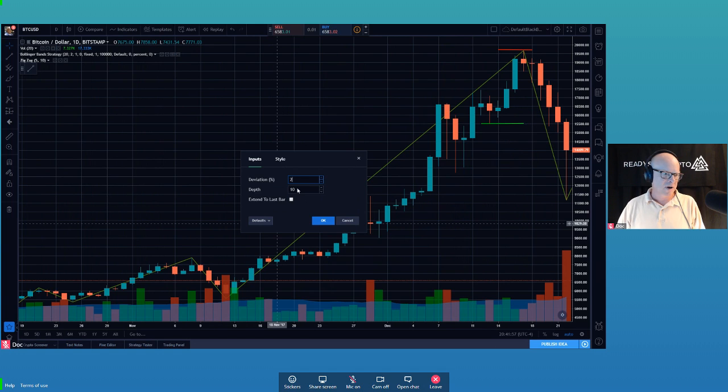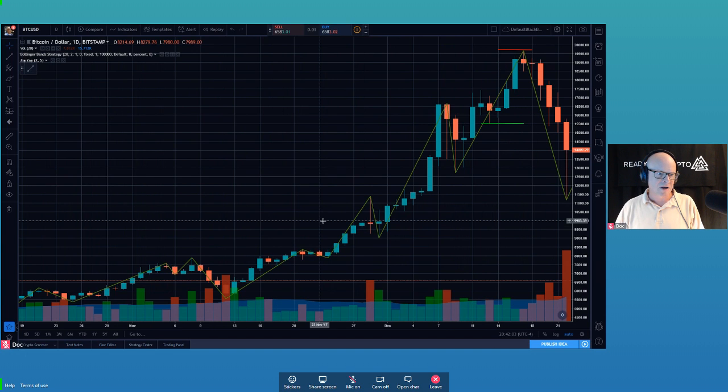Let's try bringing this in half here. Notice how the zigzag is showing the higher highs and higher lows. Now I could even move this a little bit differently. I can move this down so it would catch this pivot as well. But this isn't bad. So just play around with the zigzag if you have difficulty finding the prior swing high and prior swing low.